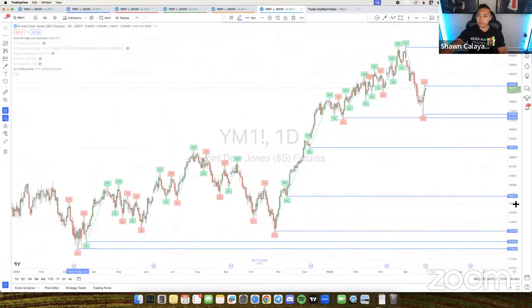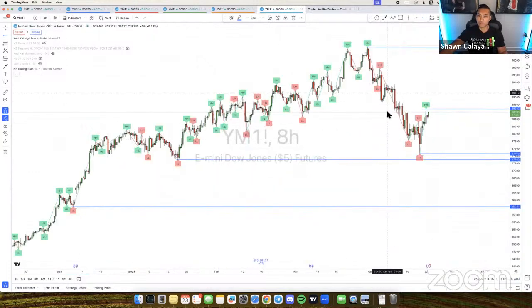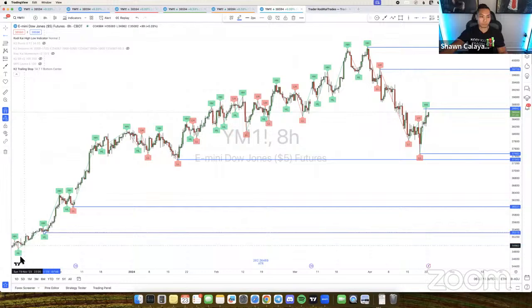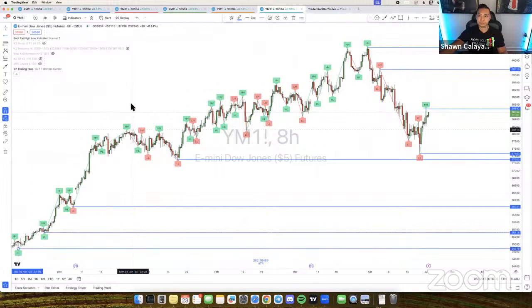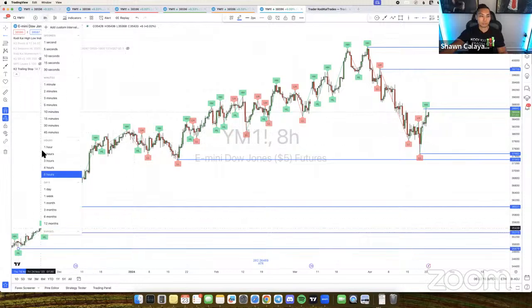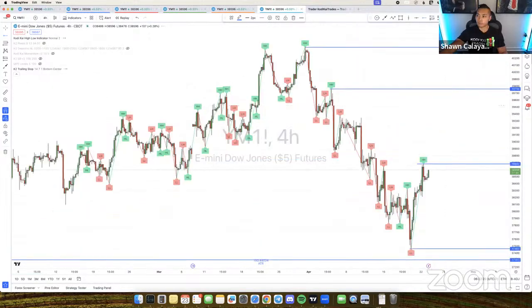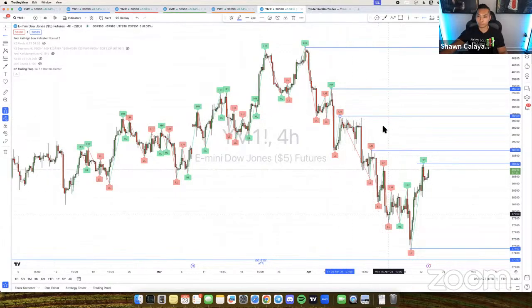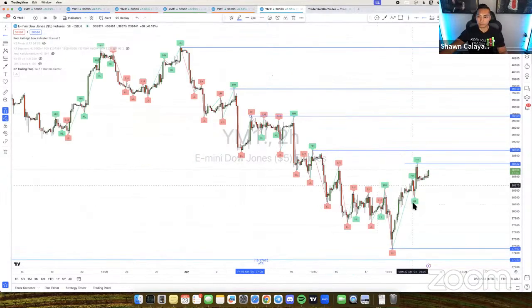All right, going down to the 8-hour time frame. Going down to the 4-hour time frame. Going down to the 2-hour time frame.